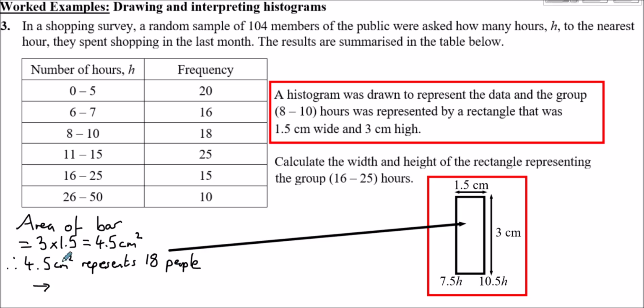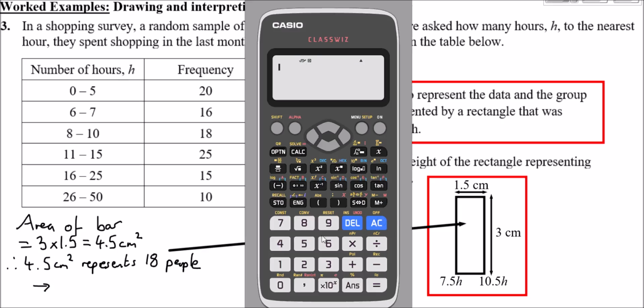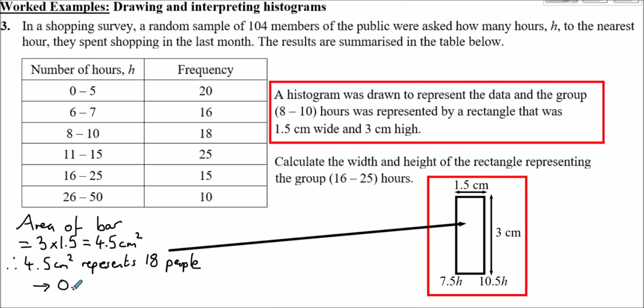So if we take 4.5 and divide it by 18, we can find out how many square centimetres represent one person. 4.5 divided by 18, not, oh dear me, I put multiply, how silly. 4.5 divided by 18 should give us 0.25, or a quarter. So 0.25 cm squared represents one person. And that's our way in to tackling this question.